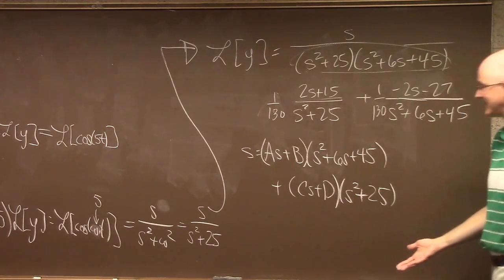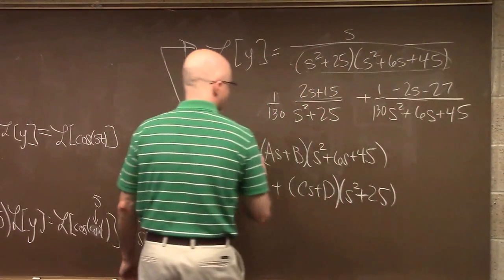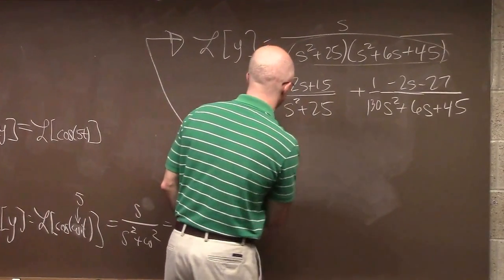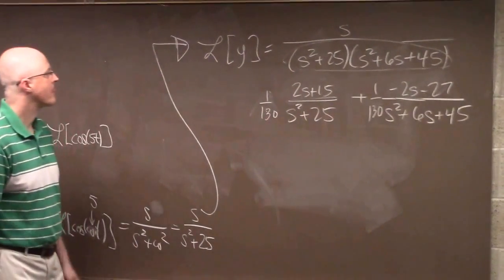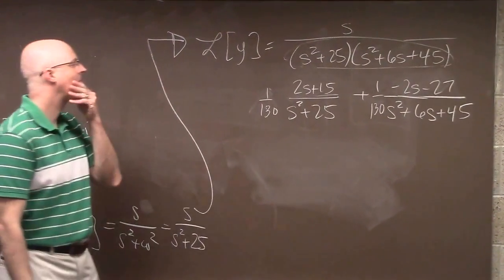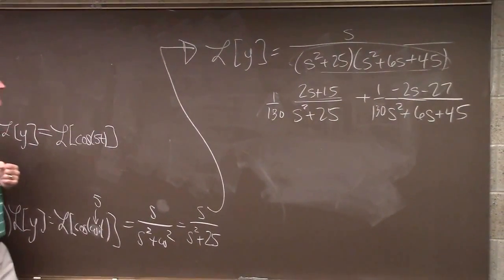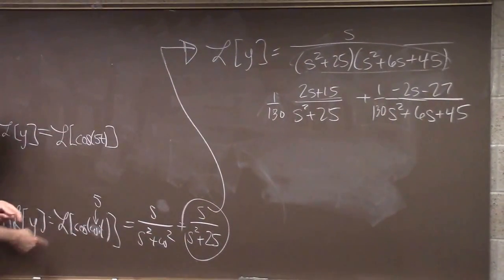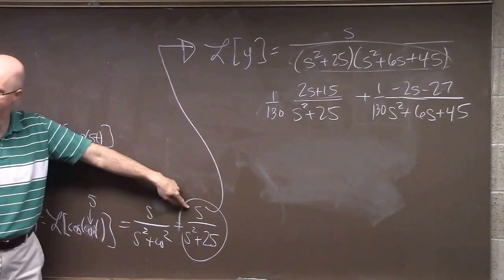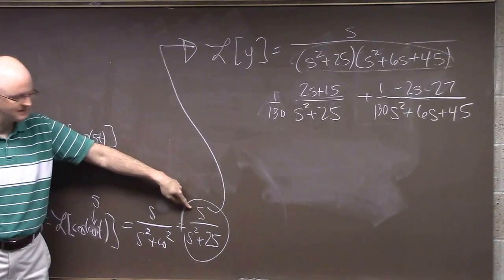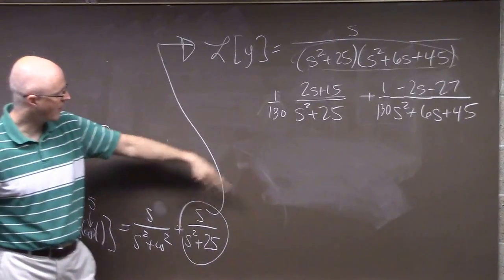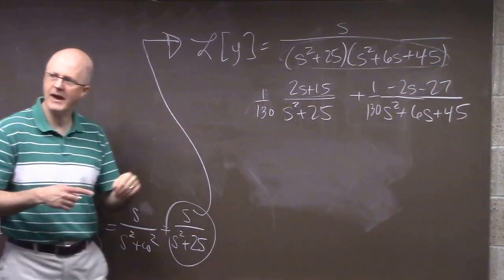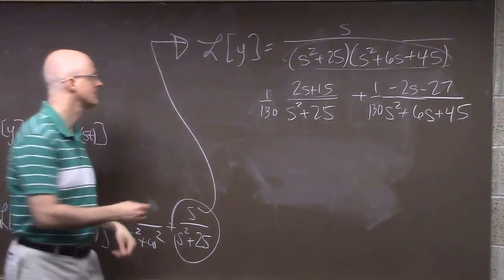Still doesn't look real easy, does it? Seems like the fact that the Laplace transform of cosine of 5t equals this might be helpful, at least for this one when you think about the s part. In fact, let me go ahead and break this into 4 fractions then.